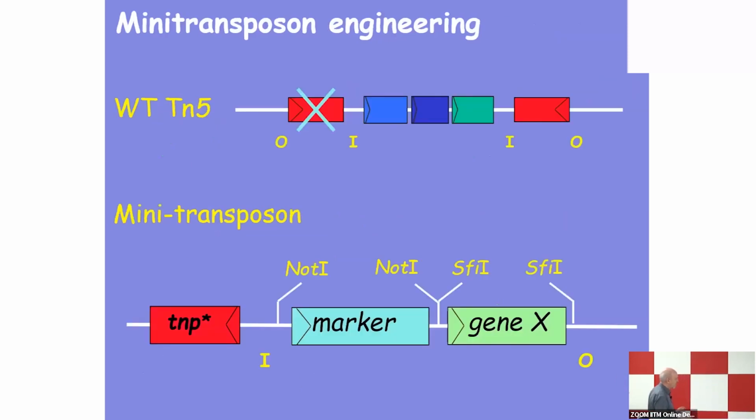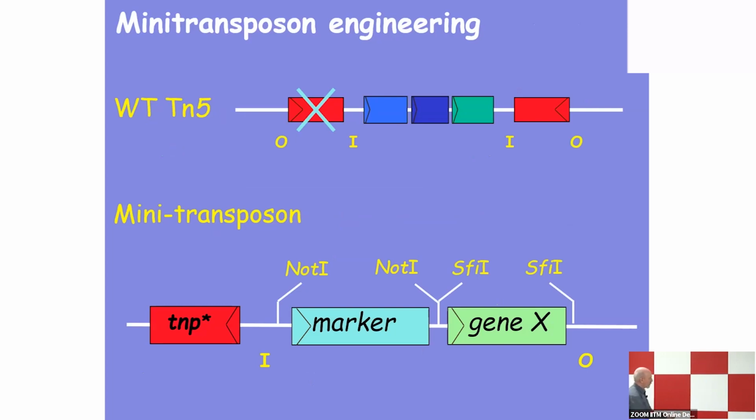So what is the consequence of that? Years ago, we started with the Tn5 transposon, and then we developed what is called a mini-transposon vector, with the idea of converting this naturally occurring element into a tool useful for serious genetic engineering of different types of bacteria.